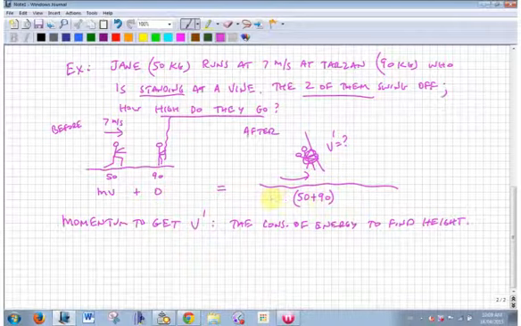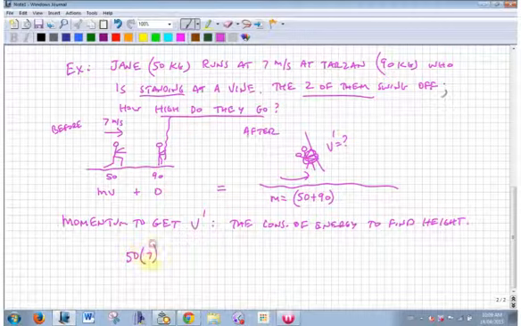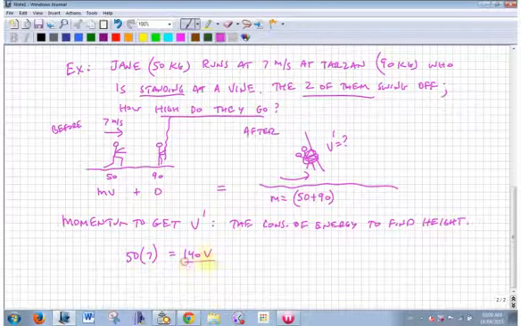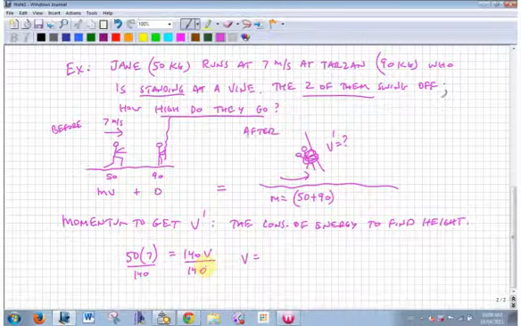After, we have a combined mass, and I need to know that speed. So 50 times 7 plus nothing is 50 and 90 times v. So the speed they both go off together is, what do I got here? 2.5? Look reasonable? Does to me. I mean, it's got to be less than 7, right?